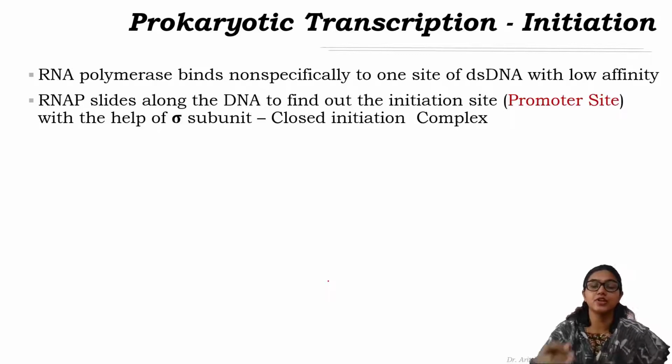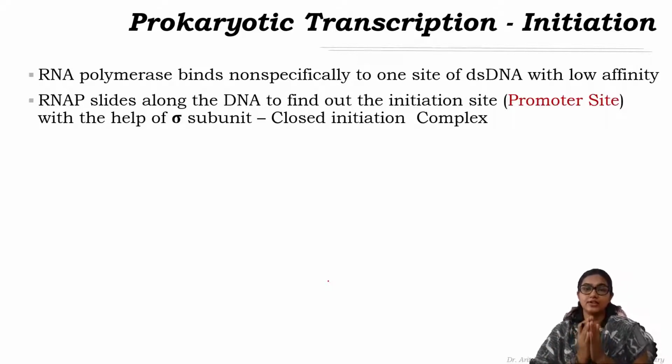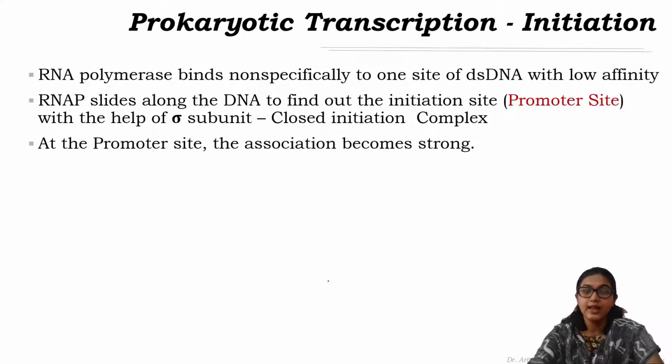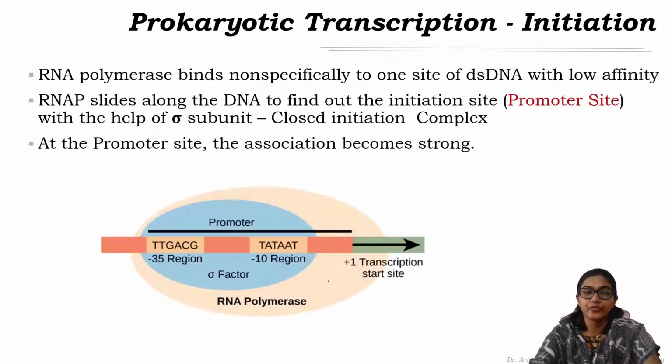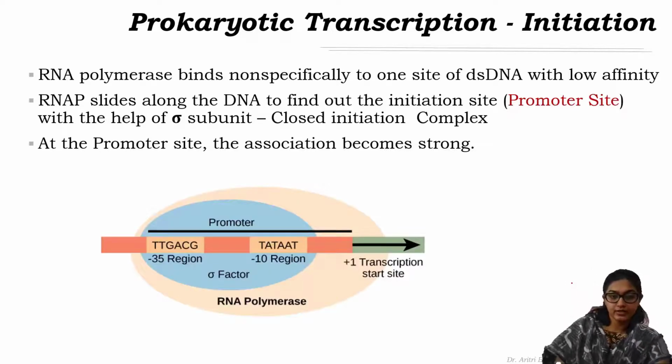Why is it called closed? Because the two strands of DNA are not yet separated. Now, at the promoter site, the association of RNA polymerase and the DNA strand becomes strong. You can see the bigger molecule is the RNA polymerase.